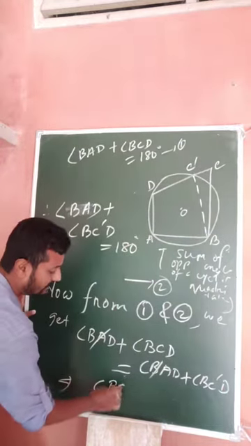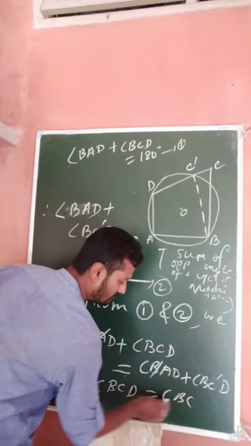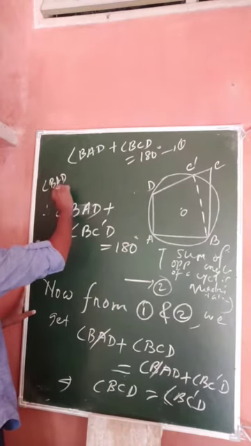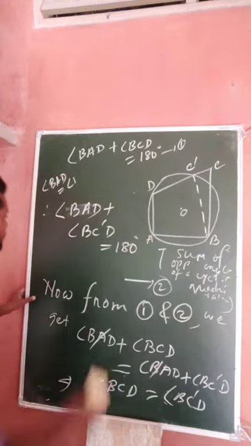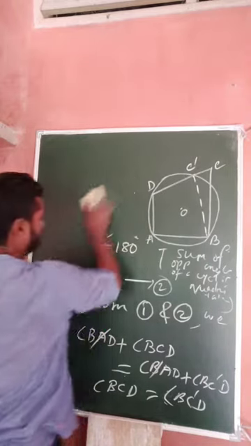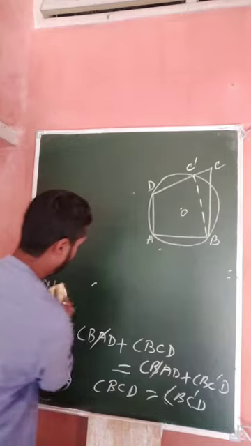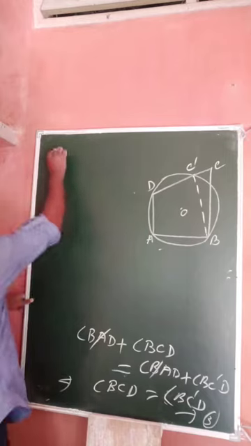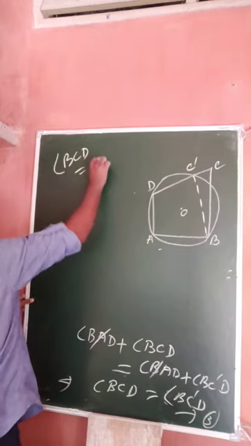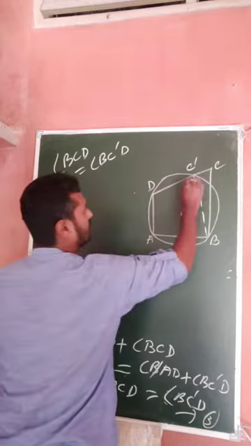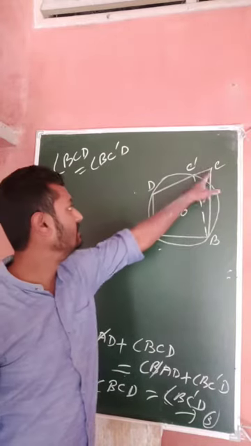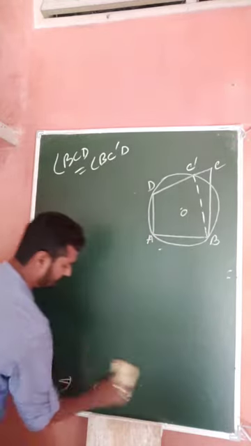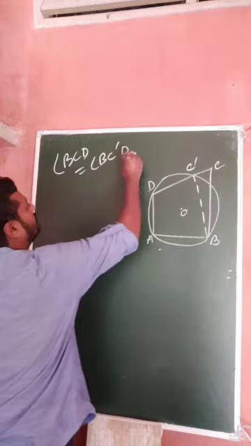That means angle BCD is equal to angle BC dash D. So one thing we got, we give it mark 3 here: angle BCD is equal to angle BC dash D. These two angles are equal.